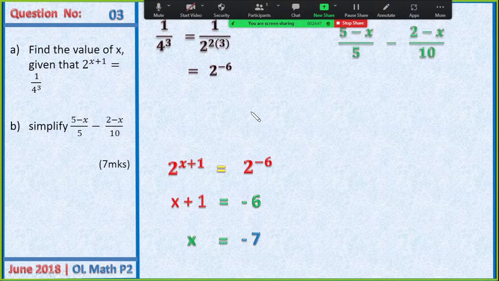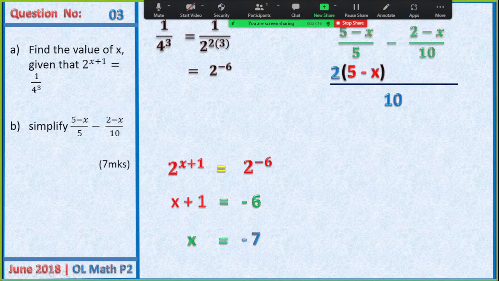Alright, so we take the b part to solve this. 5 minus x over 5 minus 2 minus x over 10. To simplify this expression, we just have to look for the LCM, which is 10. Now 10 divided by 5 is 2, 2 times the numerator, and then 10 divided by 10 is 1, so minus 1 times that numerator. We can now expand and bring like terms together.